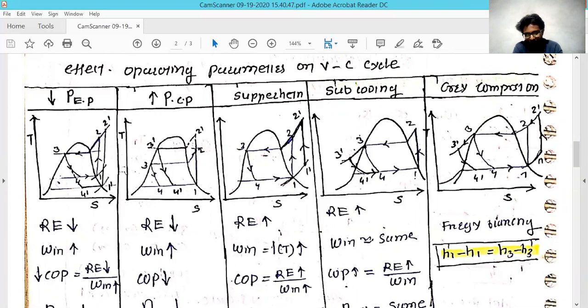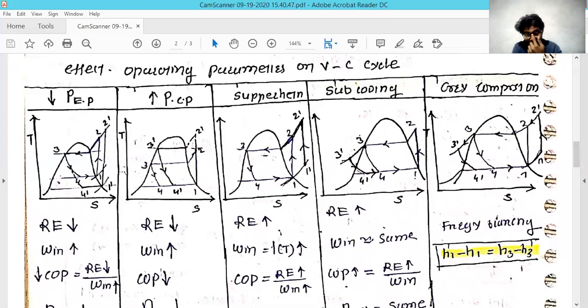whenever your refrigerant gets heat from the closed space, that time it gets evaporated, and it turns out to be the gaseous form, and it will reach the saturated vapor line.